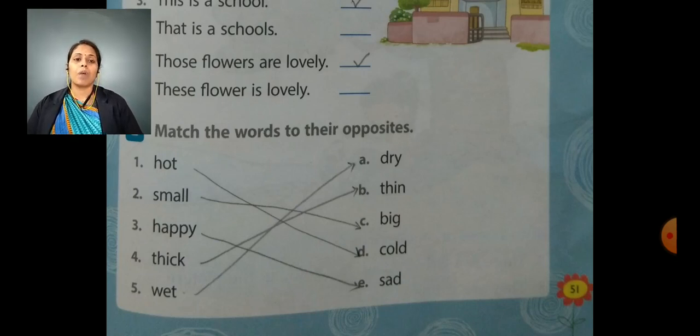Okay, so I hope that this chapter is clear to all of you. Page number 50 and 51, and all of you have done the revision of pronouns, articles and adjectives, which I have already discussed in the previous classes also.